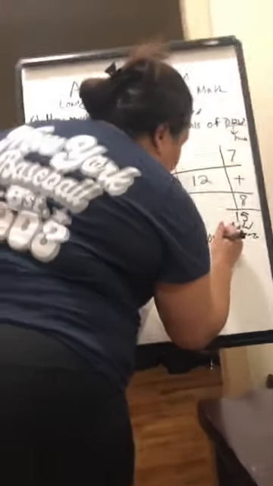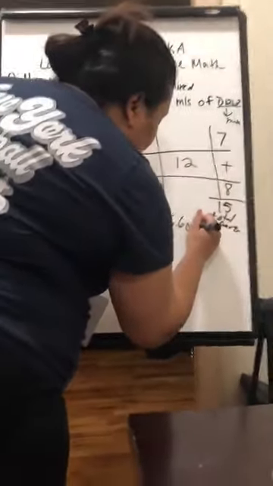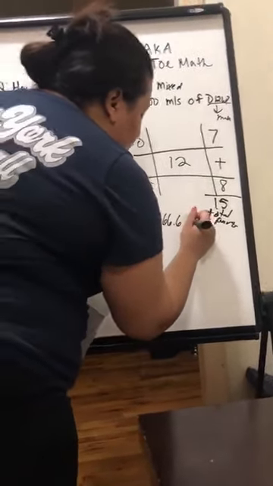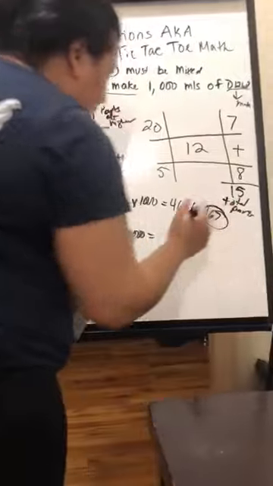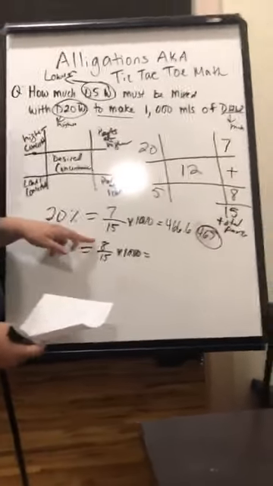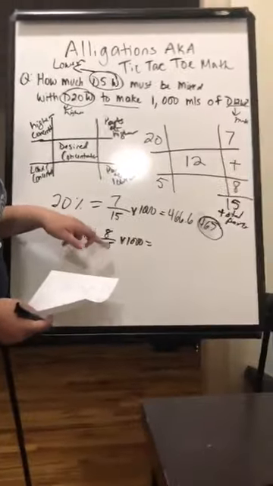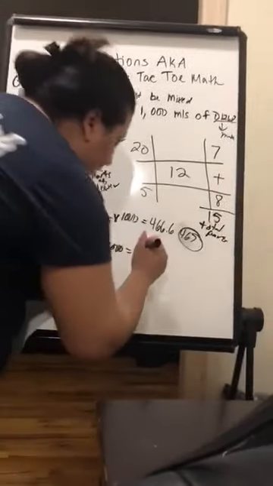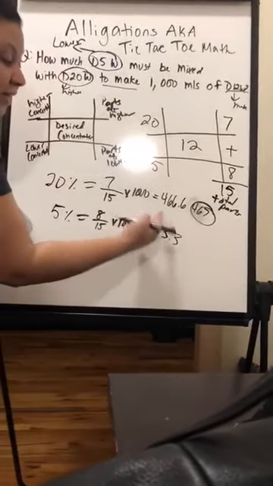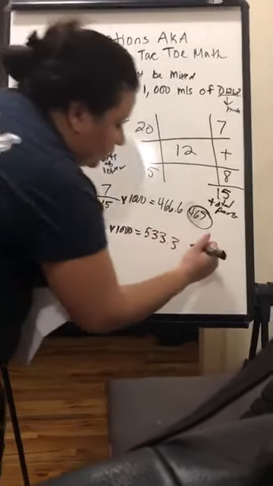And of course, we're going to round up to 467. Then for the 5%, we're doing the same thing. 8 divided by 15 times 1,000 is 533.3. Remember, it doesn't round up. It just stays the same. So 533.